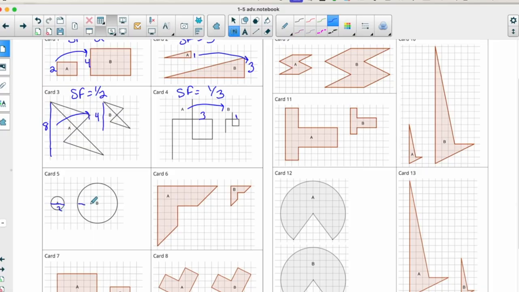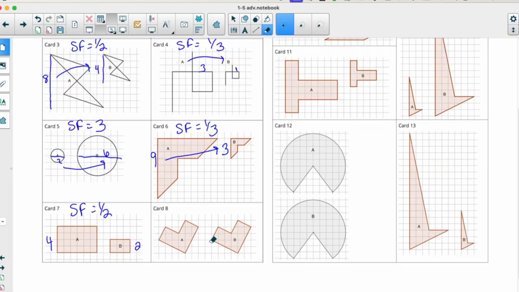So that one is 2. This one is 6. To go from 2 to 6 means our scale factor is 3. Card 6, this side is 9. This is 3. To go from A to B, the scale factor is 1/3. So looking at card 8, I use this distance here, which is 2. Its corresponding distance is also 2. To go from A to B, I multiply by 1.